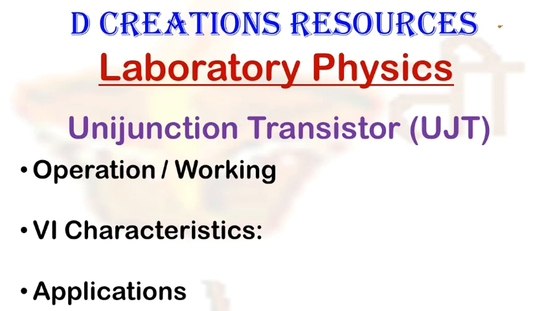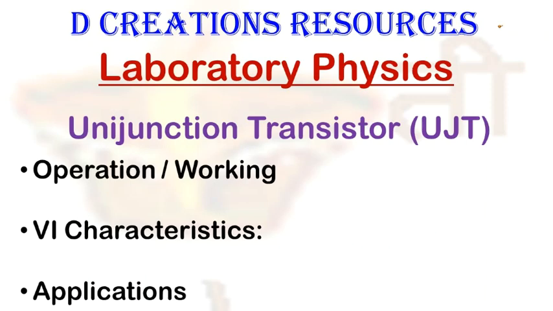Now we have already seen that there is a PN junction here, so let us denote that as an emitter diode.